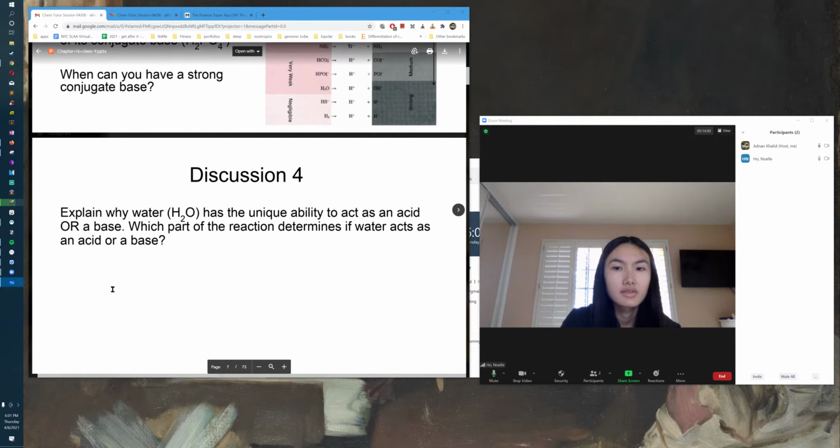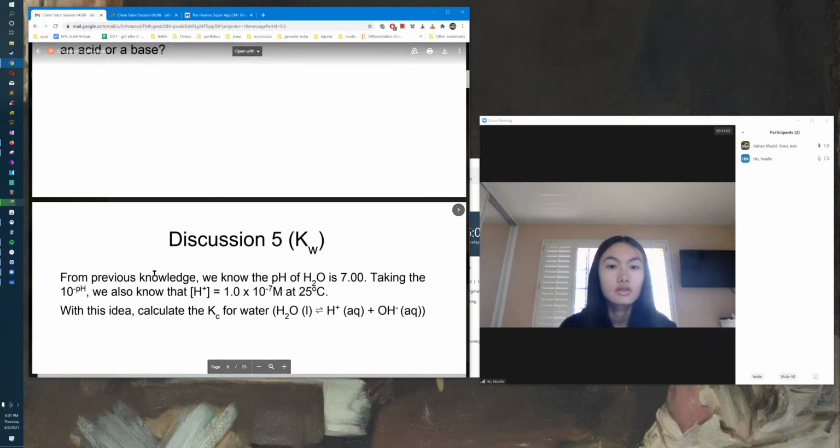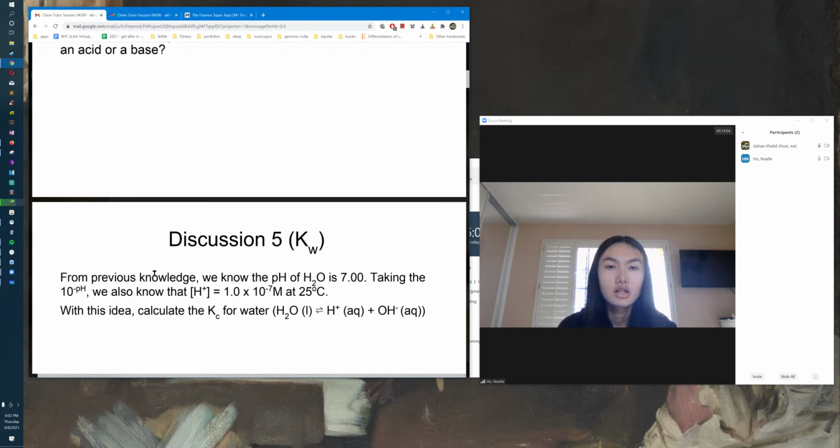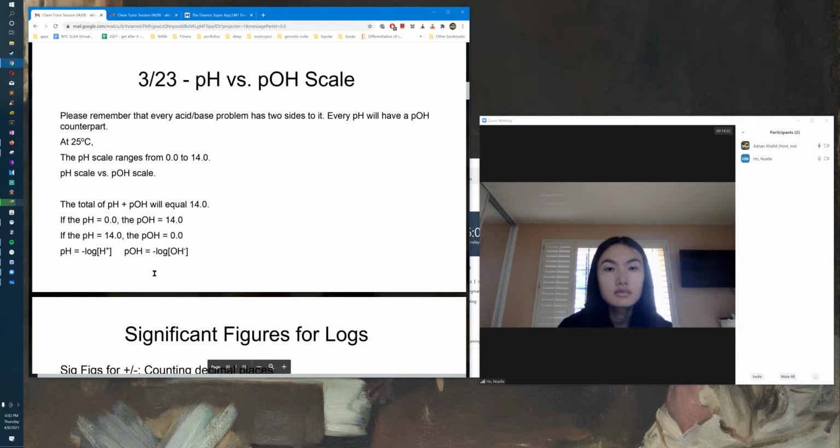Okay. So there are three definitions of acids. There's the Arrhenius one, which basically just says that an acid will produce H plus, and a base will produce OH minus, and that comes from dealing with water. The Bronsted-Lowry definition is, for an acid, a proton donor, and for a base, a proton acceptor.